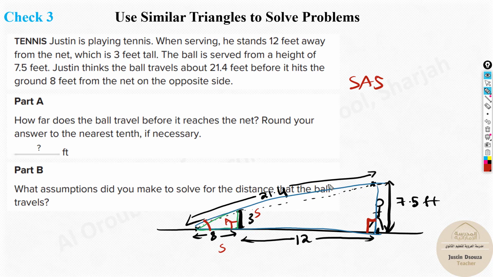Let me find whether these two sides are proportional to these two sides. I'll use the smaller triangle first. It's 3 divided by 7.5. That must be equal to 8 divided by 12. Let me solve this up.